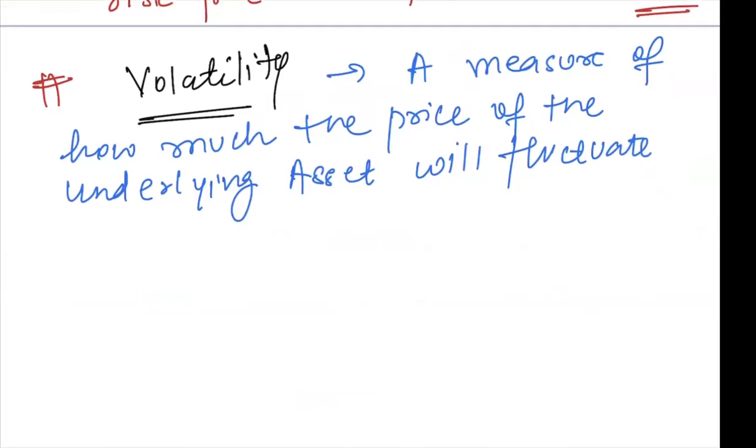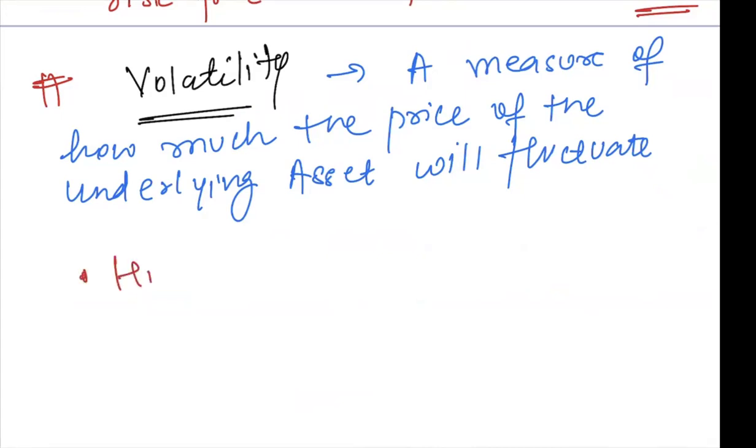Yeah. So volatility is nothing but a measure. What I'm essentially trying to do is help you guys understand each and every term. Okay. So volatility is a measure of how much the price of your underlying asset, let's say the price of the stock, will fluctuate. Now, there are two types of volatility.